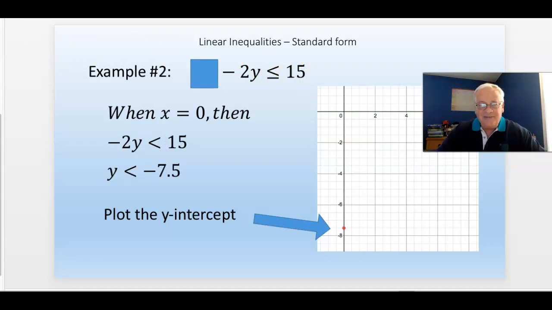Sorry there, guys, I had to fix that. I forgot the negative sign. Negative 2y less than 15. So y, then, think of it as equals negative 7.5. So just come down here on the y-axis to negative 7.5 and plot your point.